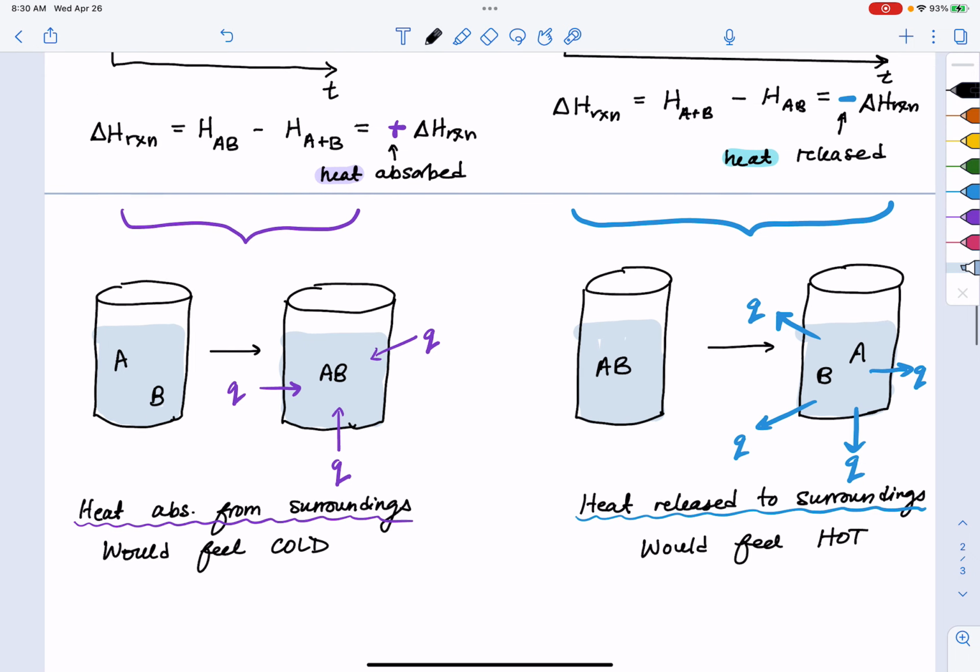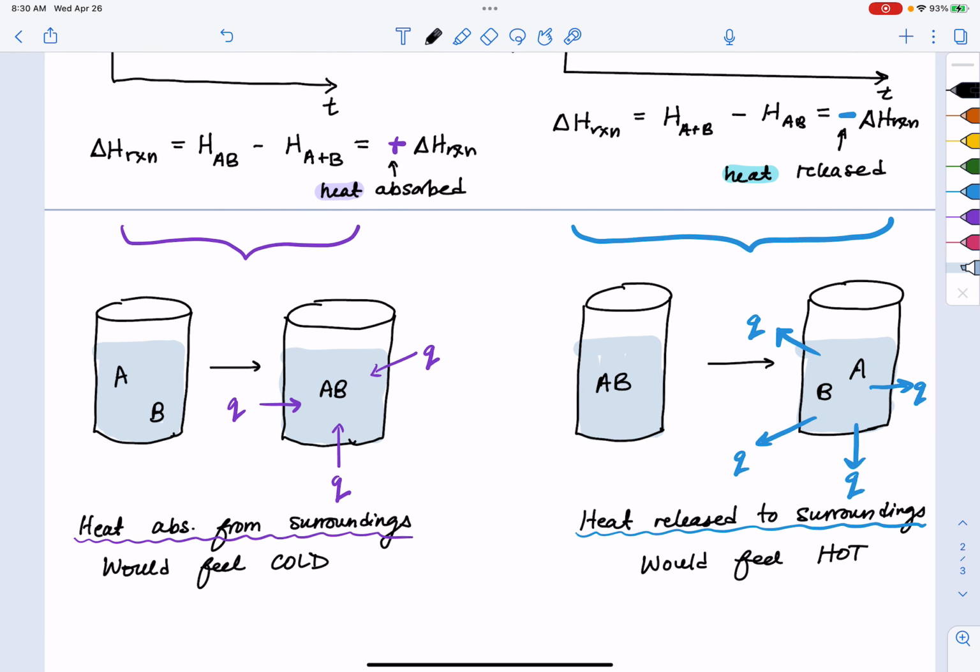The system itself in an exothermic reaction, which has that negative sign, is losing heat to the surroundings. So the system itself is going to be cooler, right? That's the system. But since you and I are not part of those reactant and product molecules, we're part of the surroundings, we're going to feel that heat that's being transferred out of the system into the surroundings. So we feel an increase in temperature.